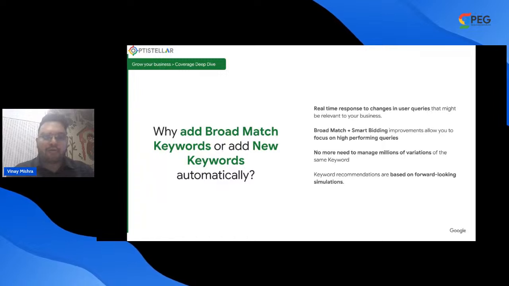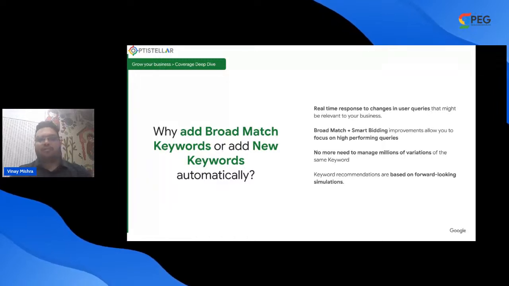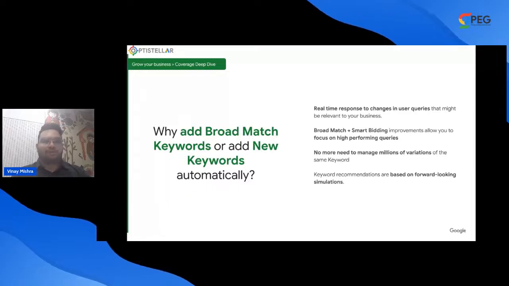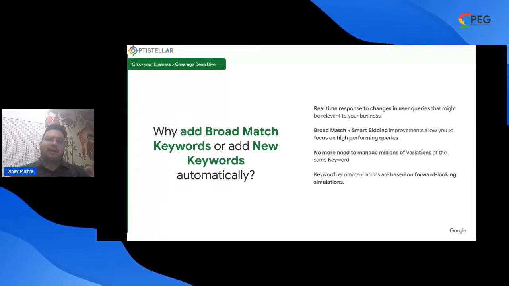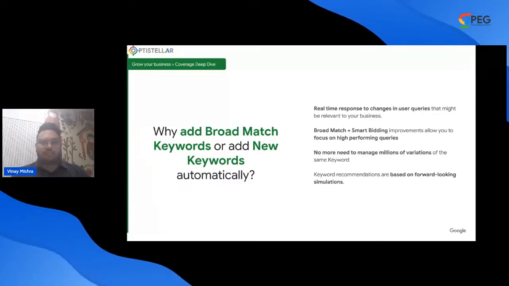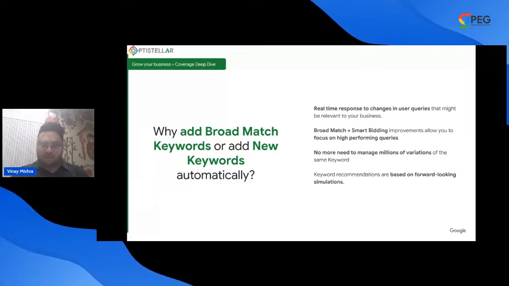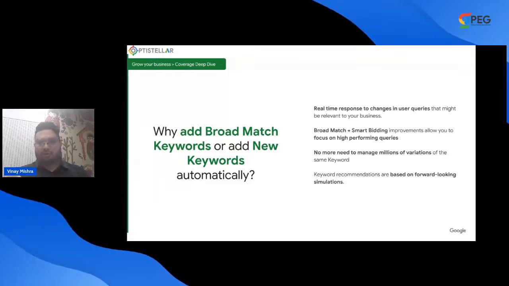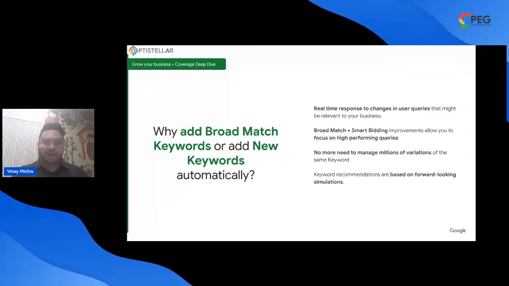Great. Now, let's understand why to add broad match keywords or add new keywords automatically. As I've mentioned earlier, real-time responses are important, to respond to the traffic in real time and at the same time to the change that is happening in the user queries, which might be relevant to your business.